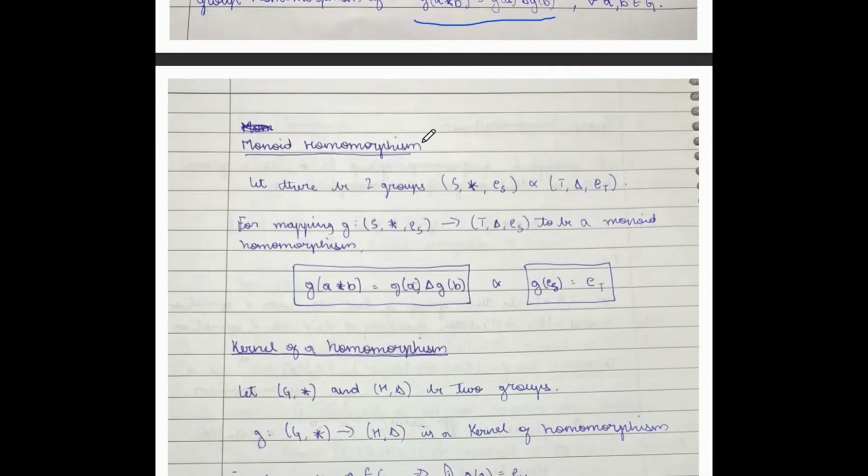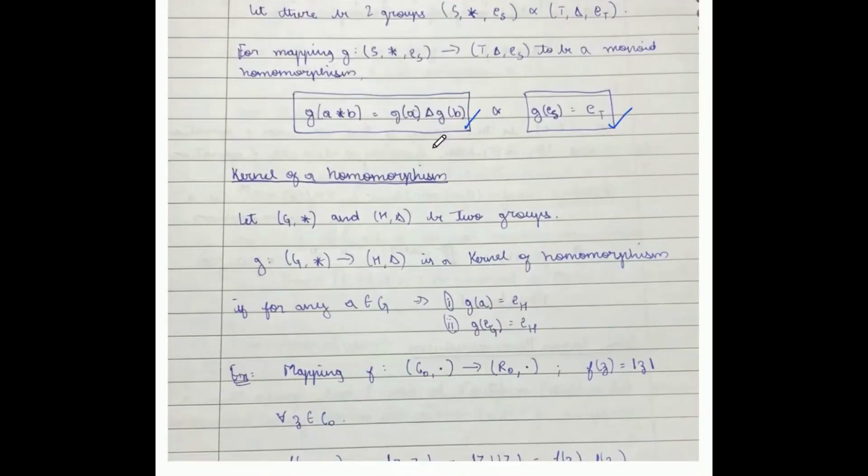Now we move on to monoid homomorphism. For a monoid homomorphism, we take two monoids, (S, star) with identity element e_S and (T, delta) with identity element e_T. For the mapping g from S to T to be a monoid homomorphism, this condition has to be true along with the second condition of group homomorphism. If these two are true, then it's a monoid homomorphism.